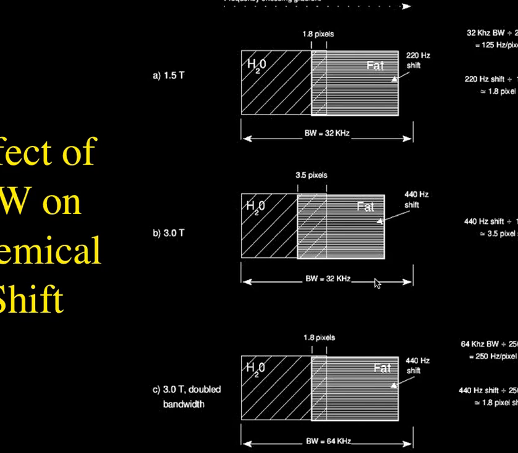Okay, now let me just go over this one more time. This is a diagram that was made up by Ray Kuo when he was a fellow here for an article we published in JMRI.